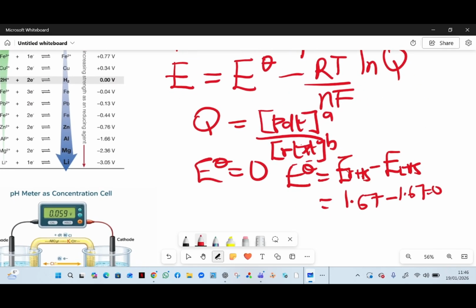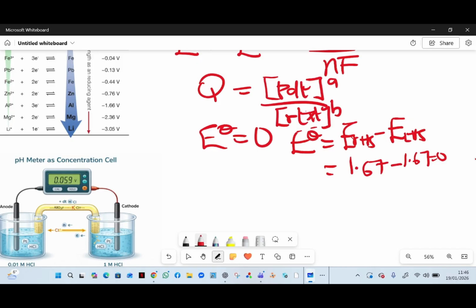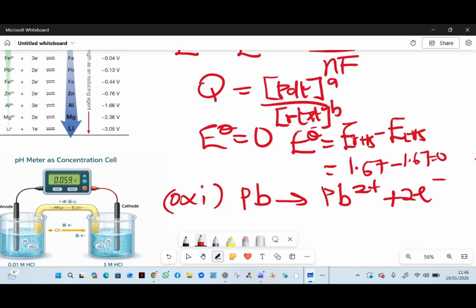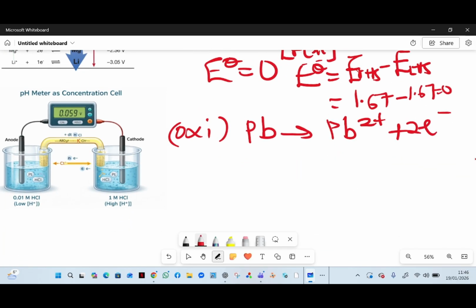In this particular cell, you notice that we are going to have the same electrolyte. So let's say if it was lead to lead 2 plus, you are going to have also at the other side, the reduction side, the same thing.